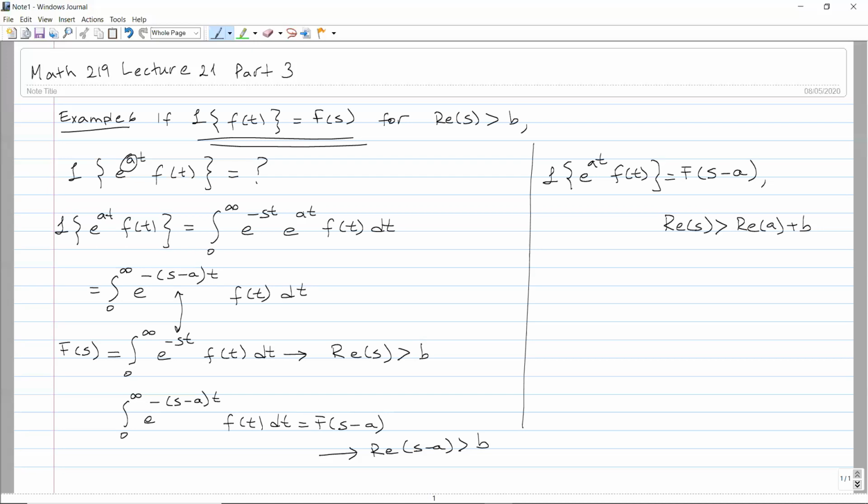Okay, I'm going to do more examples on how to use this, but before considering more general examples, let me say example 6a. What is going to be the Laplace transform of the function e to the minus 2t times sine of square root of 3t?